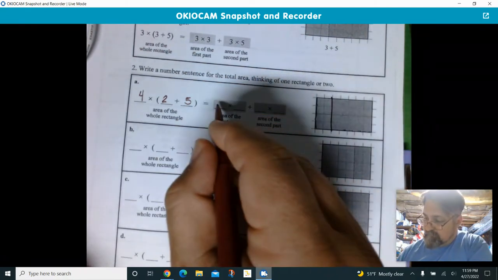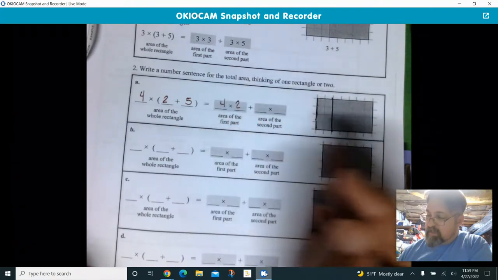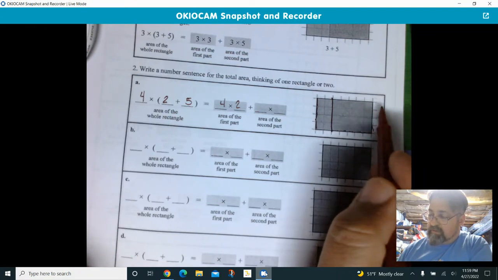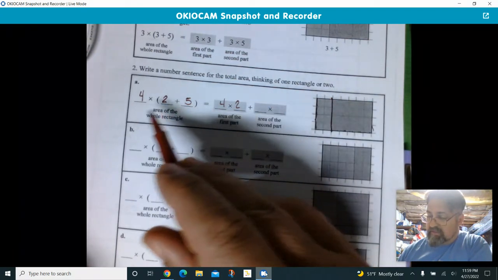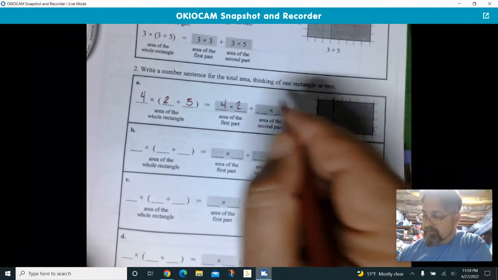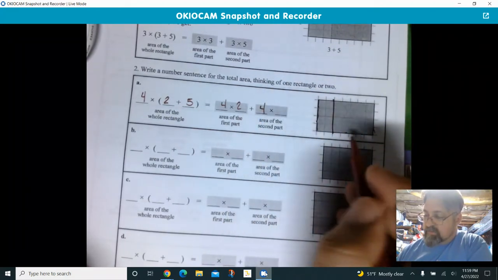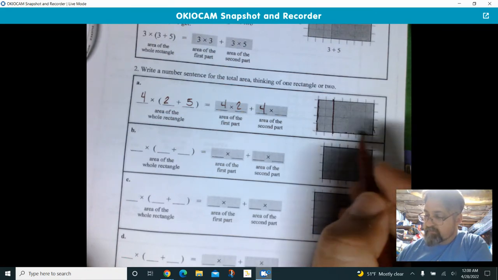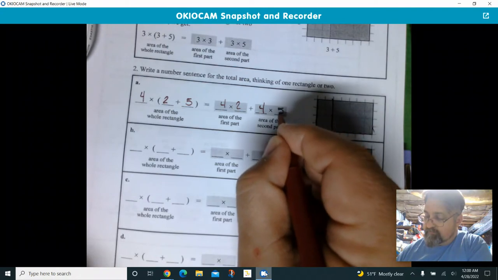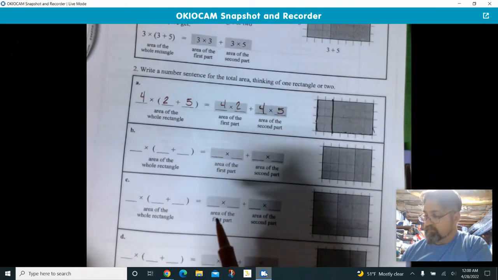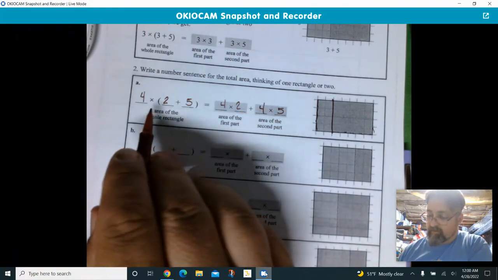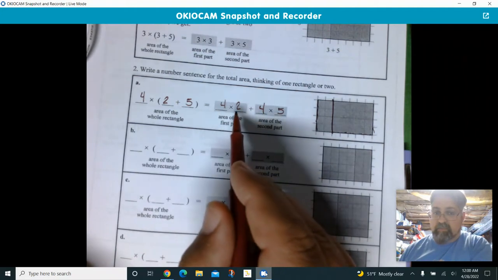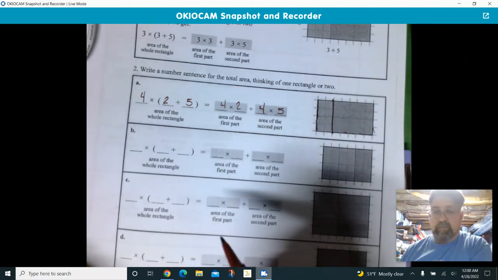That means the area of our second part, this bigger section, is still 4 times something because it's the same rectangle. 4 times 5. 4 times (2 plus 5) is the same as saying 4 times 2 plus 4 times 5.